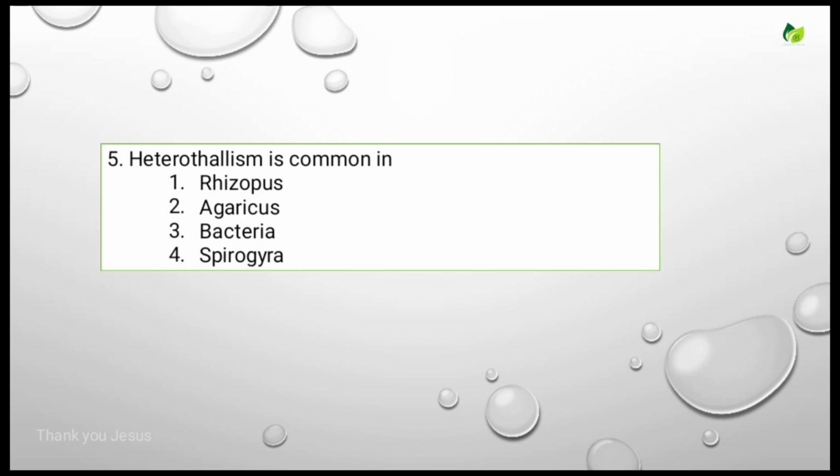Heterothallism is common in. Options are Rhizopus, Agaricus, Bacteria, Spirogyra. Answer is Rhizopus. So here you have to know what heterothallism is. Heterothallism was discovered by Blakeslee in Rhizopus. There are two gametangia which belong to different physiological strains.